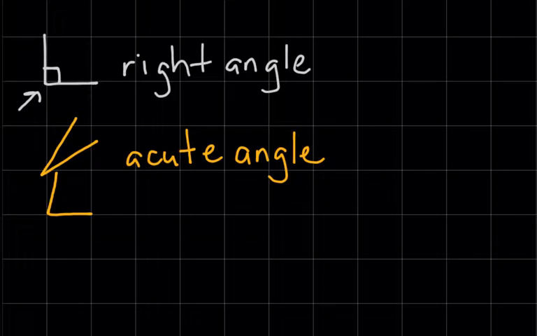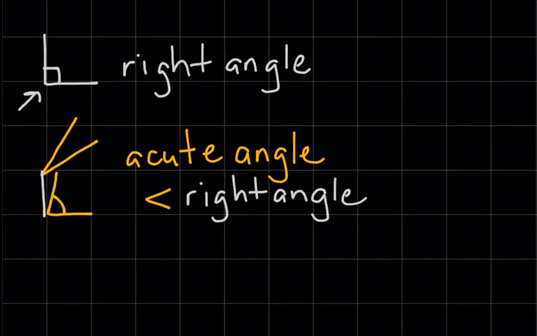That also is an acute angle because I did not come all the way out here to the square, right to the edge of the square. It's still smaller than or less than a right angle. And less than, here's the sign for it, it's less than a right angle.